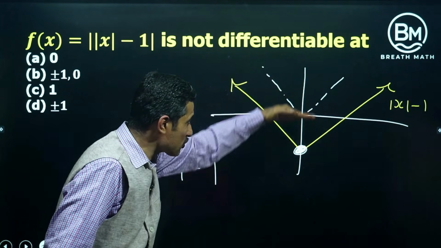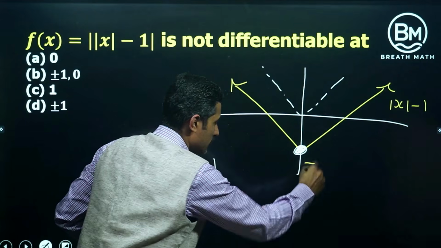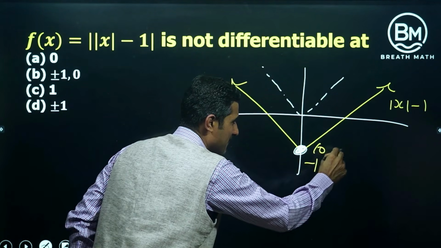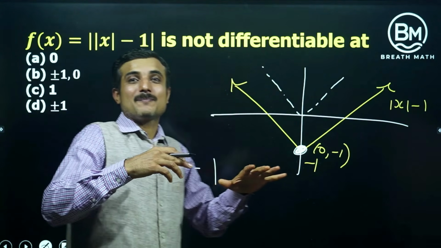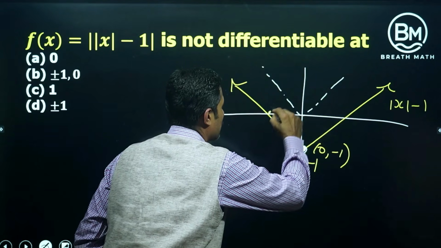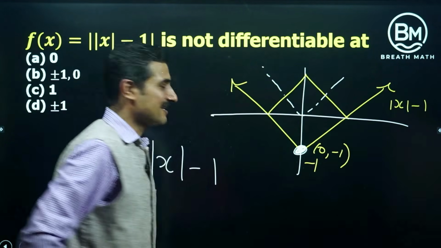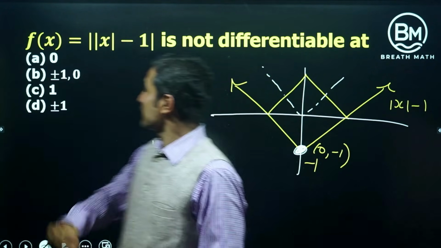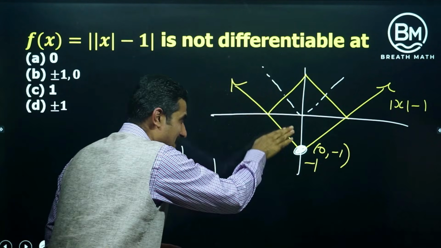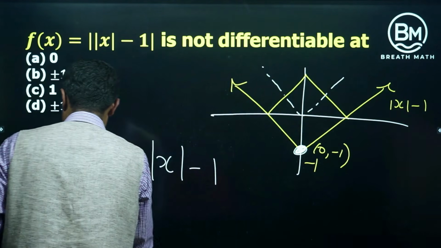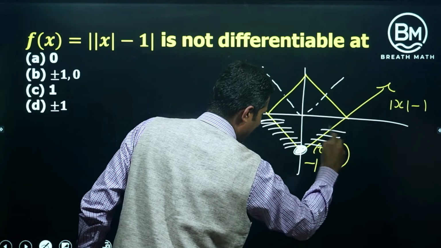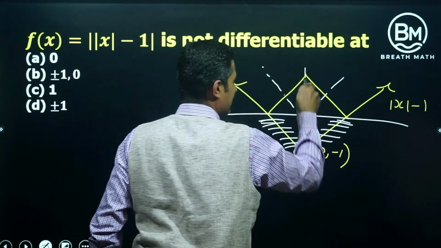You have shifted the original graph to this point, y equal to -1. This is (0, -1). All right, but the final version of the graph should look like this. Is it correct? You see, modulus of mod x minus 1, I have to take the mirror image about the x-axis. So delete this portion of the graph and take the mirror image.